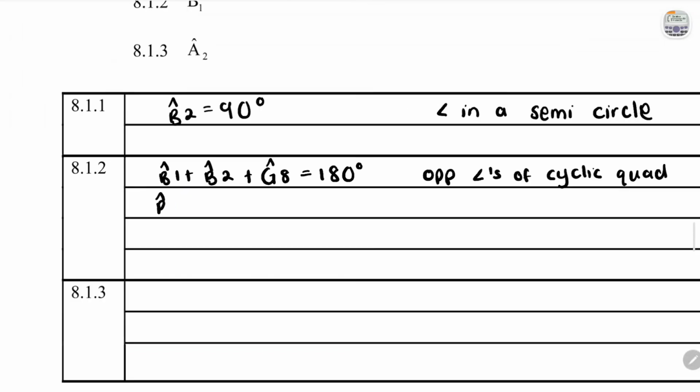We're trying to find angle B1. We know that angle B2 is 90 degrees and angle G is 58 degrees, so this is equal to 180 degrees.